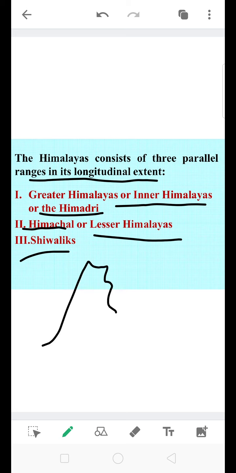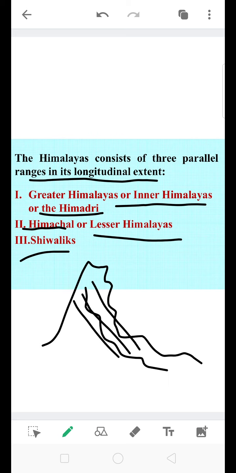For example, if this is your Himalayan range, all these three parallel ranges, the very first is your Greater Himalayas, also known as Inner. The second range over here is known as Himachal, and the last one is known as the Shivalik range.